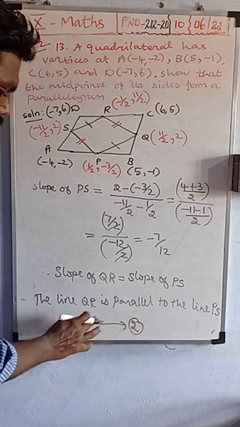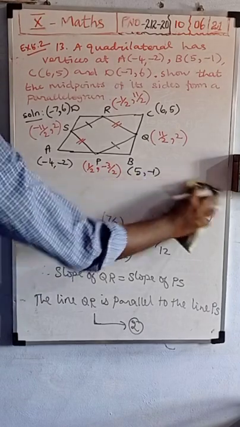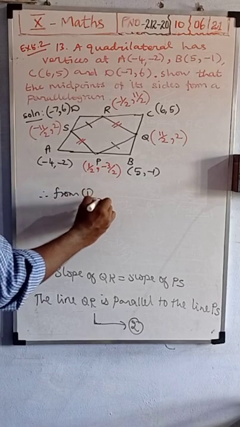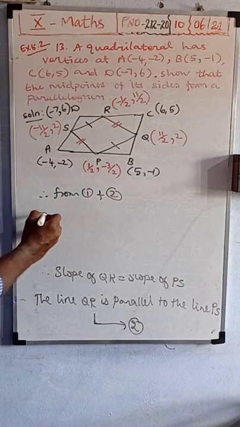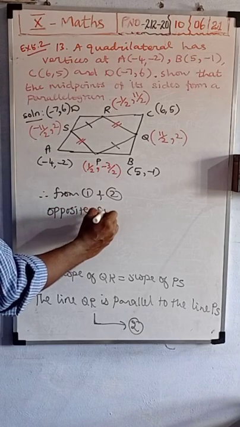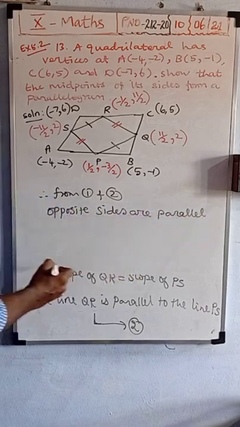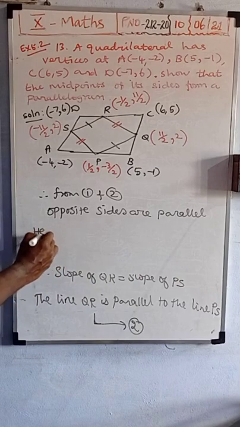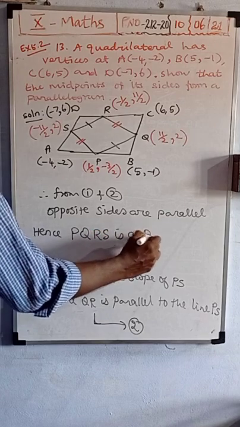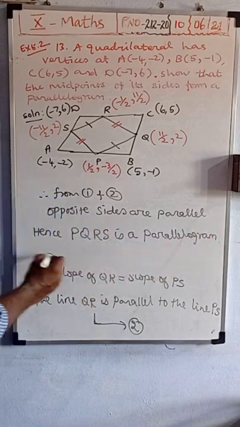So from 1 and 2, opposite sides are parallel. Hence PQRS is a parallelogram.